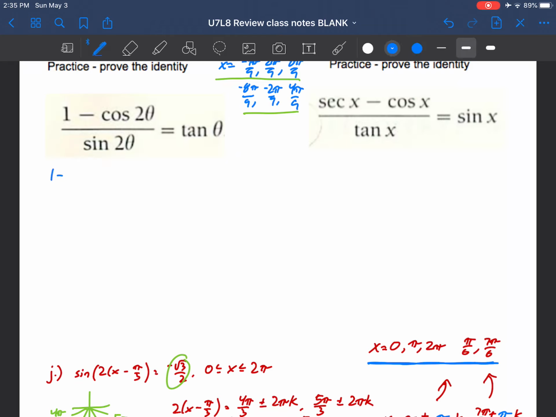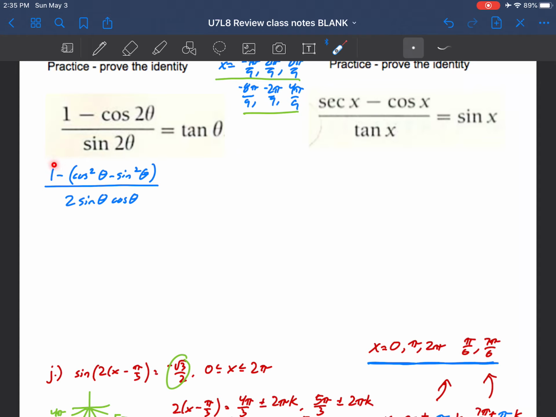So I'm going to start by saying, well, 1 minus cosine 2 theta, that's cosine squared theta minus sine squared theta. And then sine 2 theta is 2 sine theta cos theta. And if I want tangent, I want to have cosine here and just sine at the top.